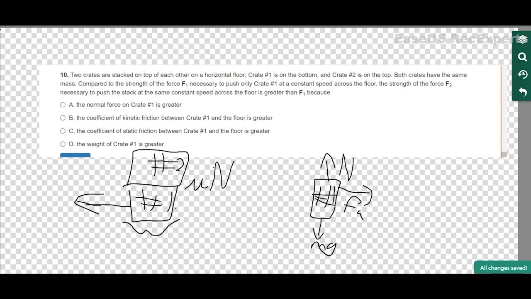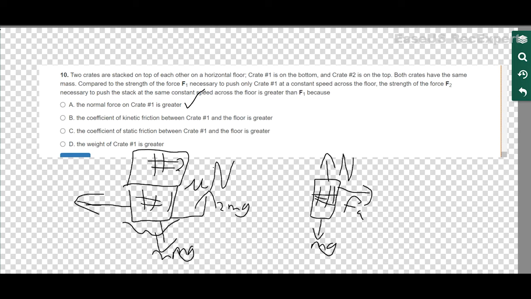But for this one, you're going to have 2mg because you have 2 blocks. So your normal force onto crate 1 would be 2mg. So your kinetic friction force is going to be equal to 2mg, which is greater than mg. So there will be a greater force pushing back. So the normal force on crate 1 is greater.